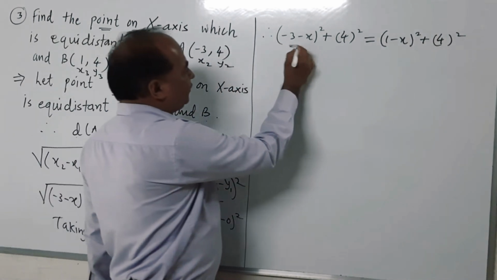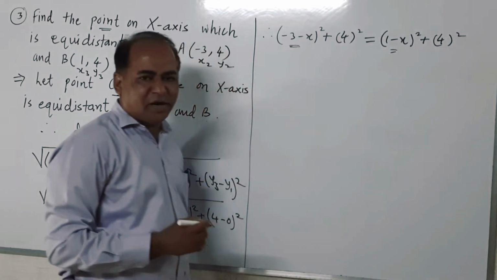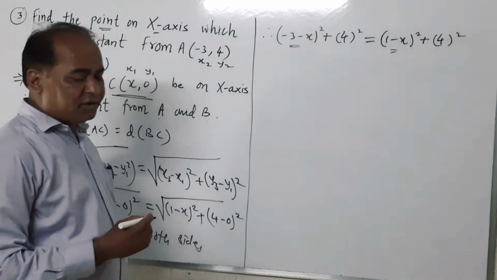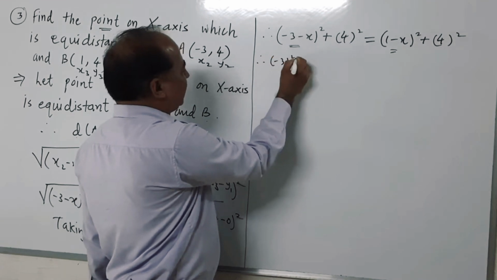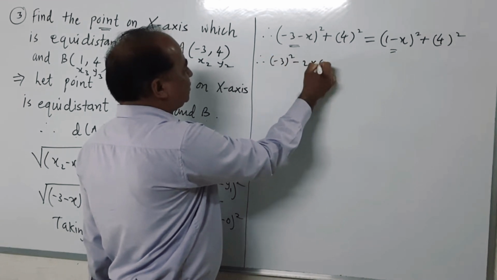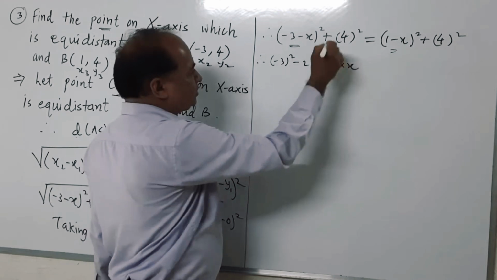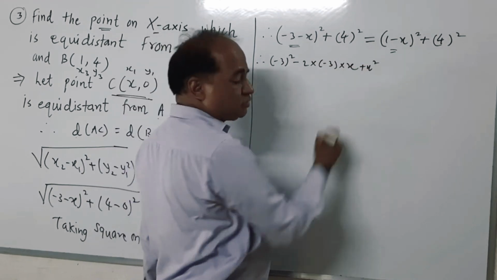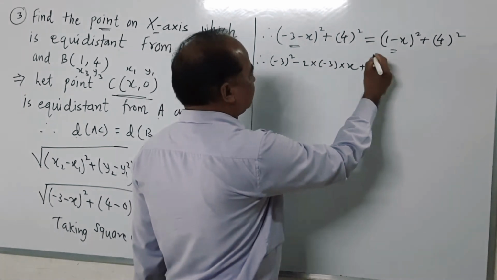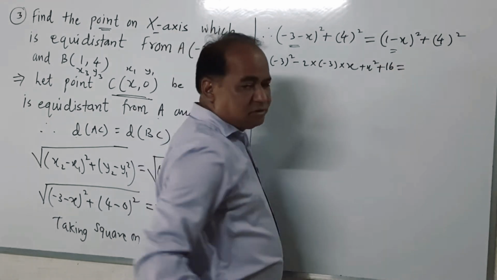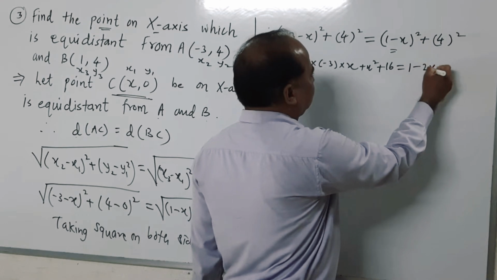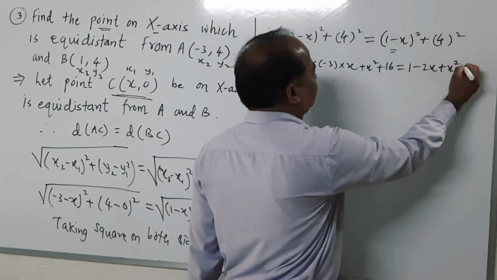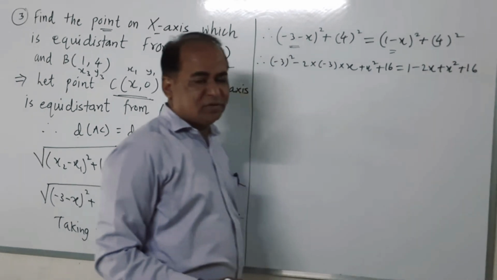Now simplifying these two brackets by applying the identity (a minus b) square, we get minus 3 square minus 2 times minus 3 into x plus x square plus 16 is equal to 1 minus 2x plus x square plus 16.